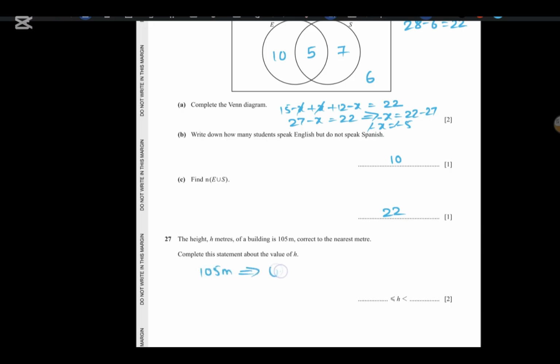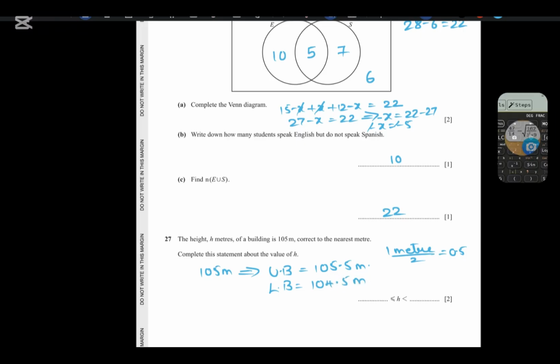So upper bound will be, if the 1 meter is halved, it will be 0.5 meters. So if I want to write the upper bound, I'll add 0.5 to it. So it is 105.5 meters, and lower bound will be, I will subtract 0.5, so it is 104.5 meters.